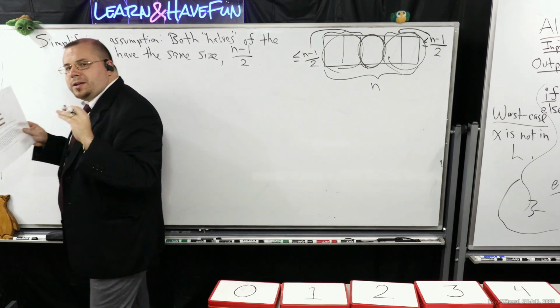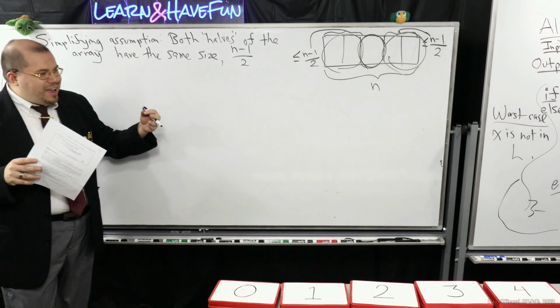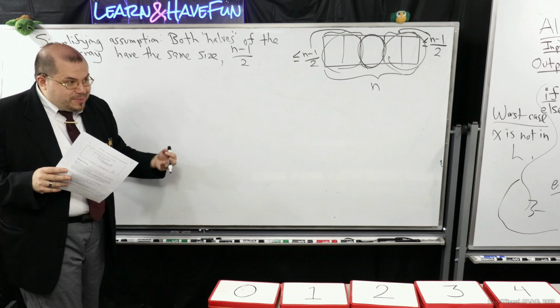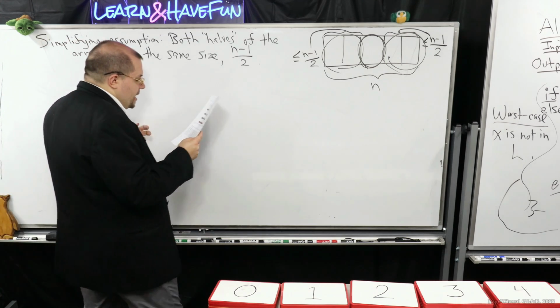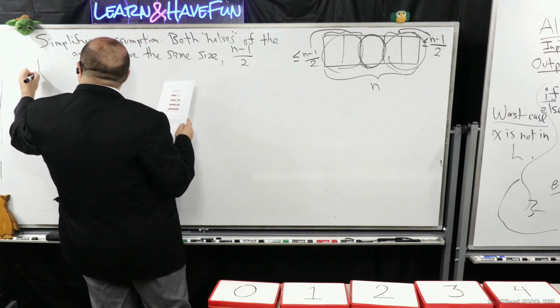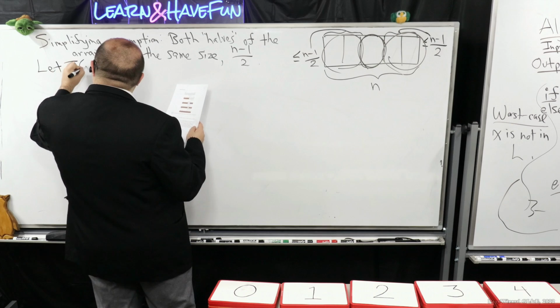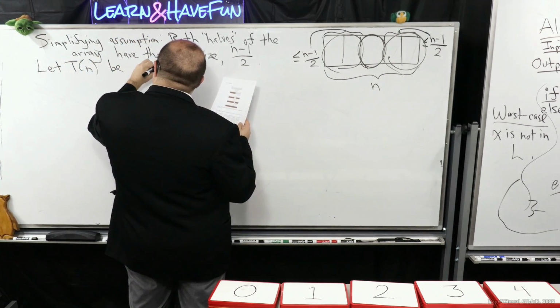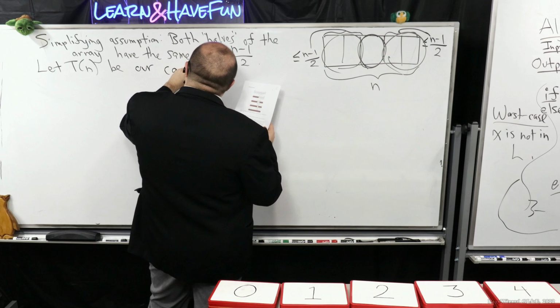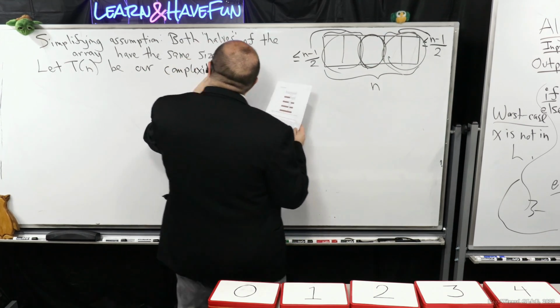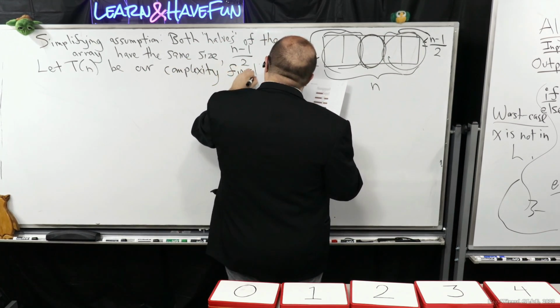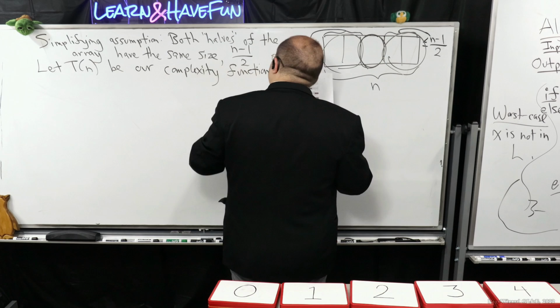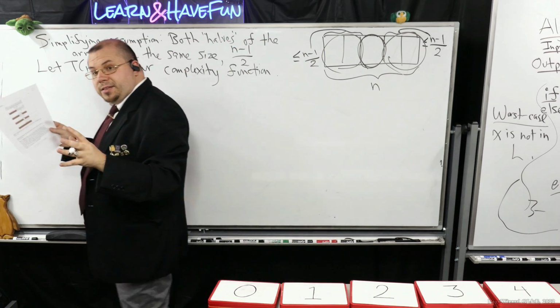So what I'm going to do is call my function T. That's going to be my complexity function. Its input is going to be n. So I'm going to let T(n) be our complexity function. We're going to put everything we talked about together.